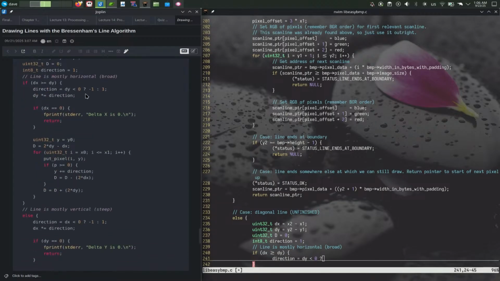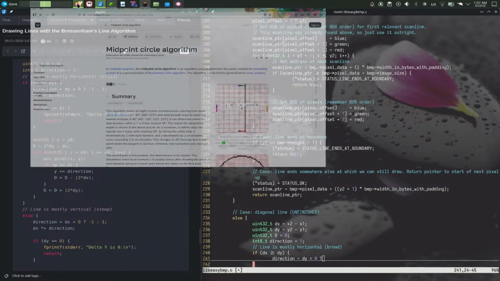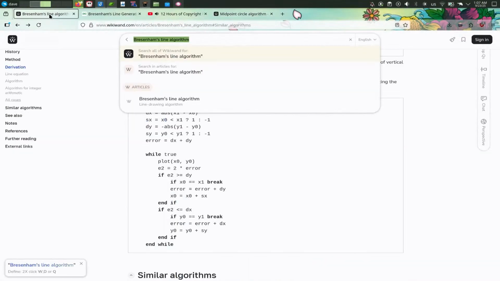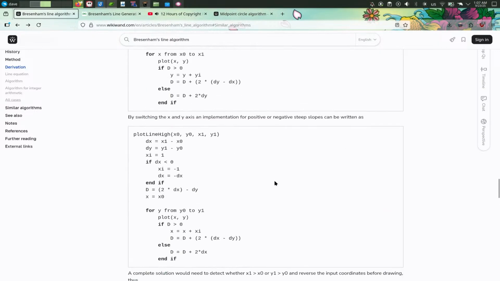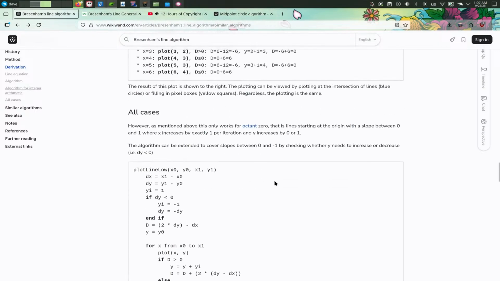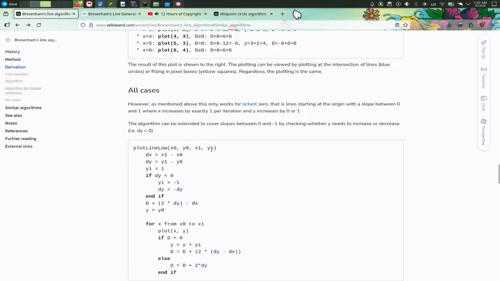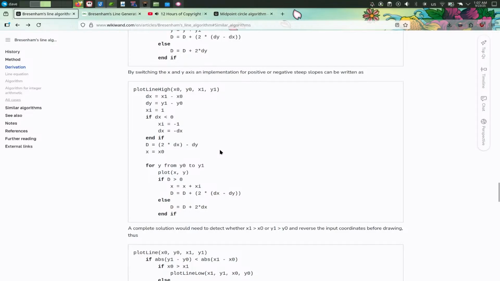So I don't know if this direction thing is required anymore, because I forced it to always be positive. It should never be less than 0. In fact, I don't know, did I correct that myself, or is that part of this? These people are doing something weird where they have a plot low. So I believe this is the mostly horizontal one, and this is the high for the steep.